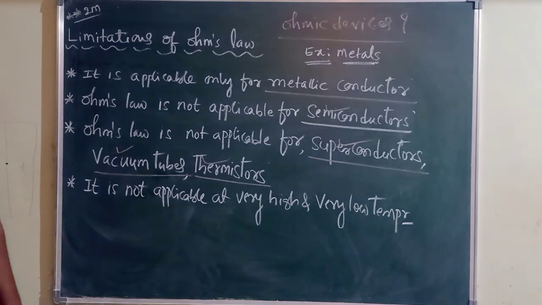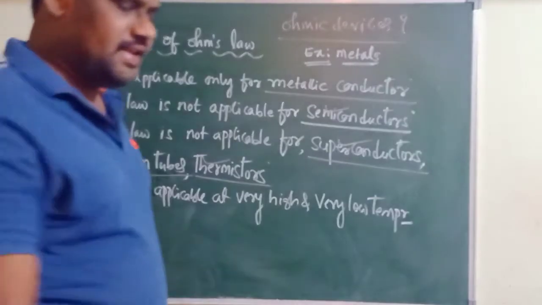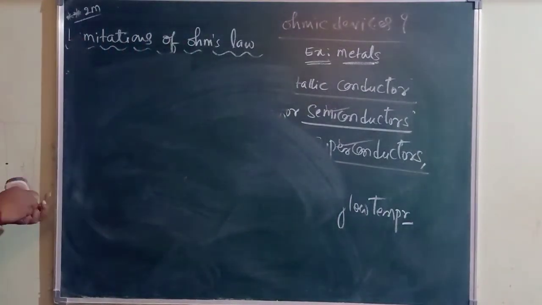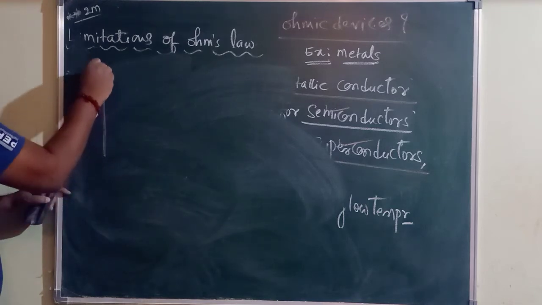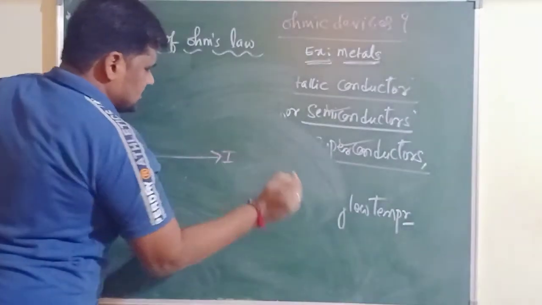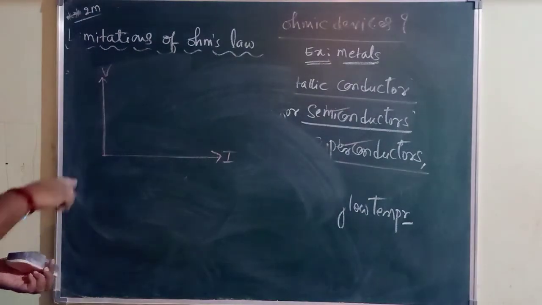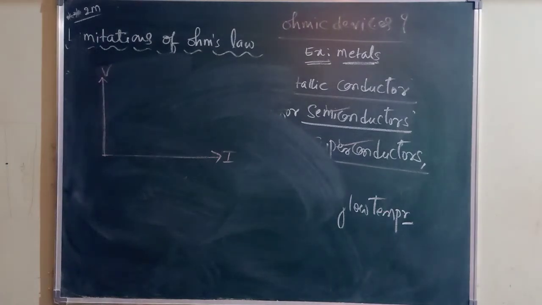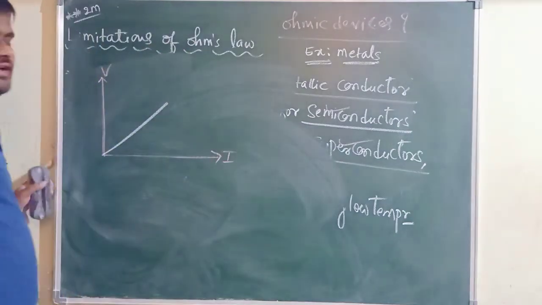And one more important thing is, for an ohmic device, the graph of voltage versus current is linear. Very important point. If we take voltage along the y-axis and current along the x-axis and plot a graph, voltage versus current or current versus voltage, for an ohmic device, definitely that graph will be linear.